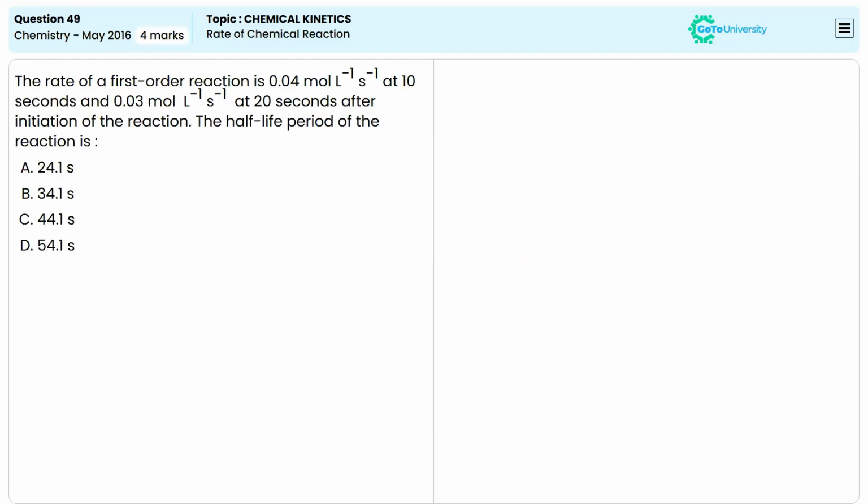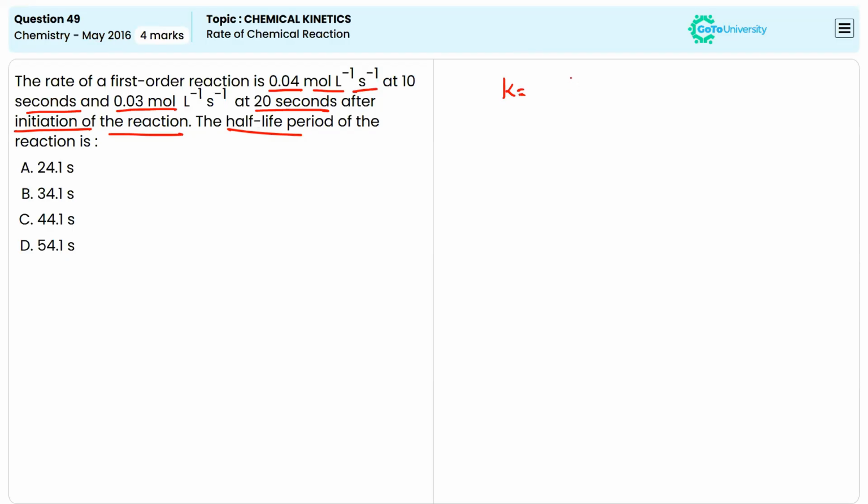The next question, the rate of a first order reaction is given, that is 0.04 moles per liter per second at 10 seconds and 0.03 moles per liter per second at 20 seconds after the initiation of the reaction. Then what will be the half-life period of the reaction? This is the question. So we have to use the equation for the calculation of rate constant.